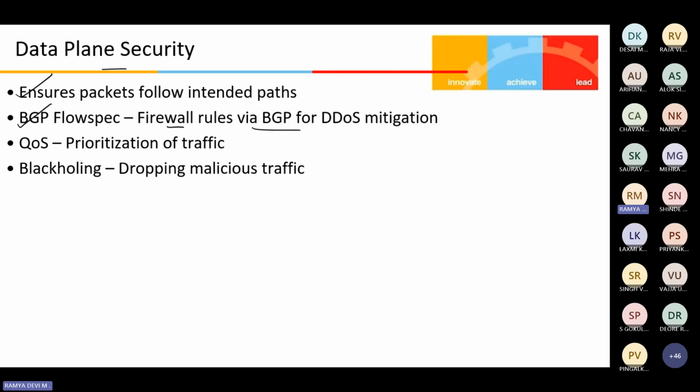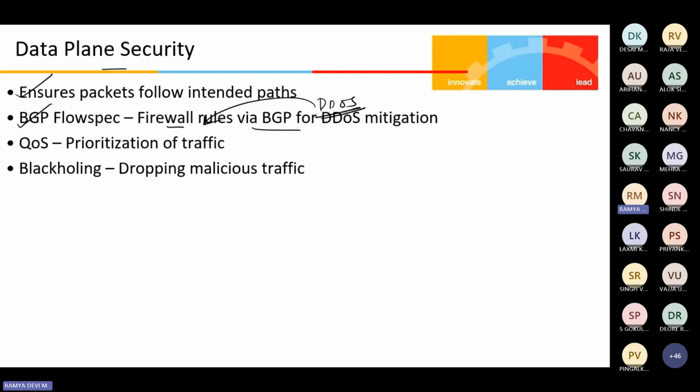This is effective for distributed denial of service mitigation. You can block traffic by prefix, protocol, port number, or packet characteristics. Everything can be updated in the firewall as a rule.